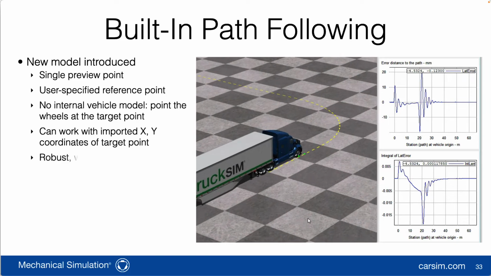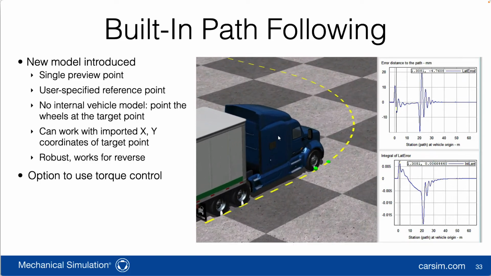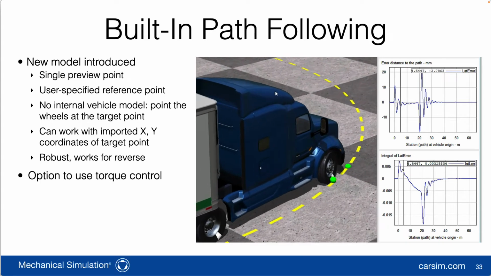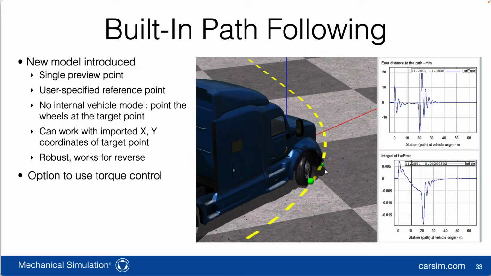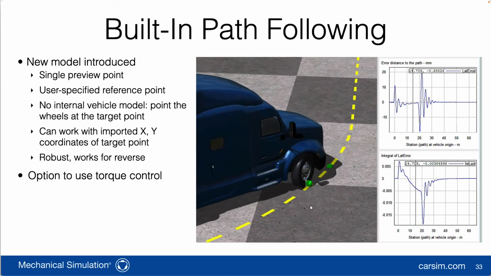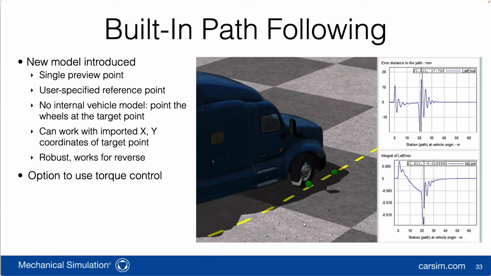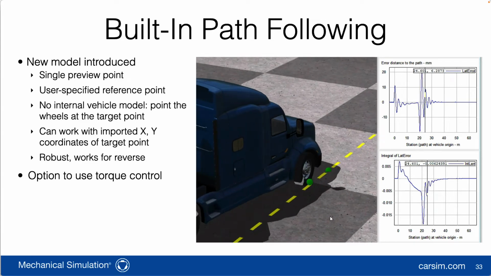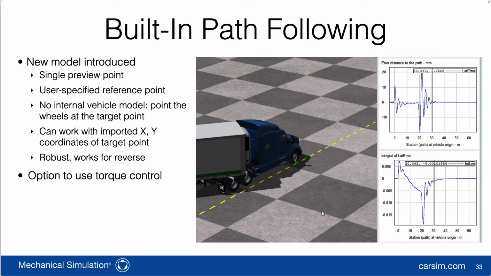Next, I'd like to show some changes that we've made in our built-in driver models. The first one is path following. We made a major improvement a few years ago to allow a simple controller that is based on having a preview point and a reference point, and we steer just by having the angle going from the reference point to the predicted point along the path.